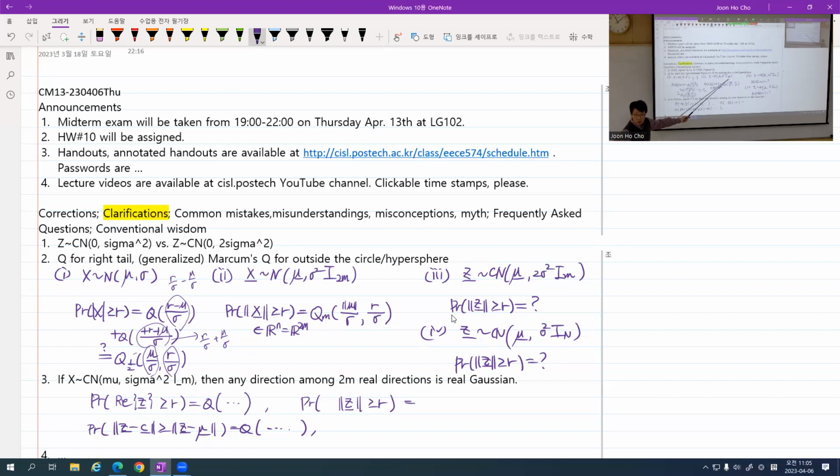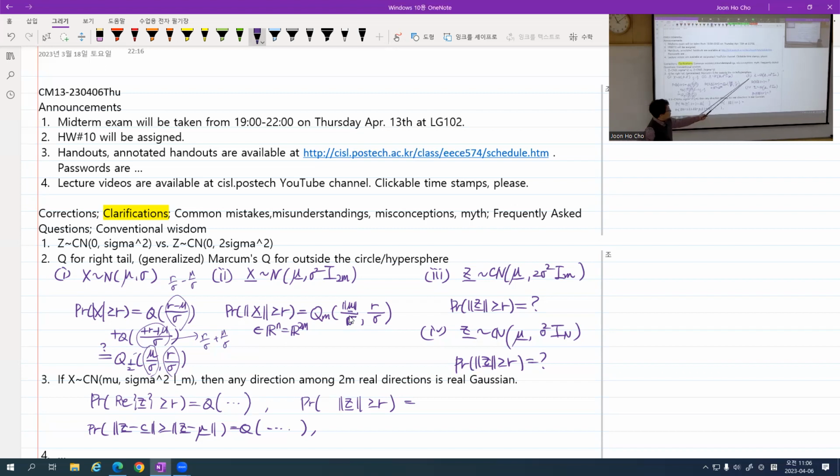If m is a general integer, then we use the generalized Marcum's Q function, where since each real Gaussian has variance sigma square, we have the first parameter, the 2 norm of mu, which means the length from the origin to mu, divided by sigma. It's not r. And also, you have a normalized version of your radius or distance divided by sigma. Got it? So here, sigma appears.